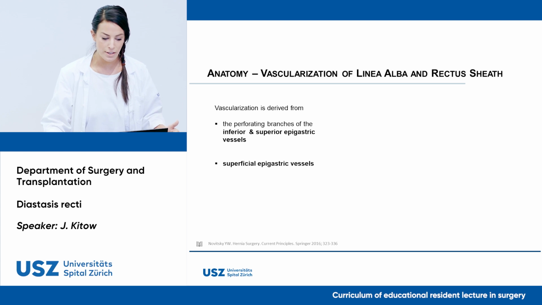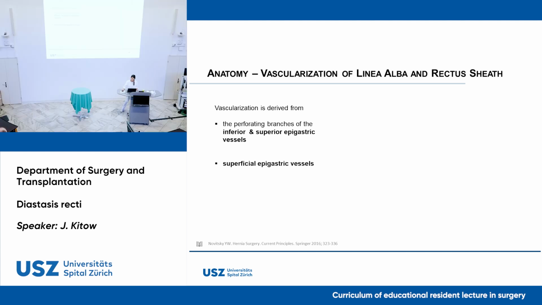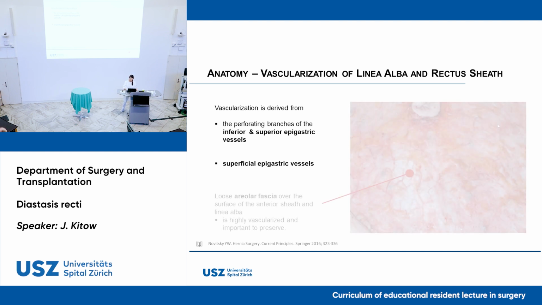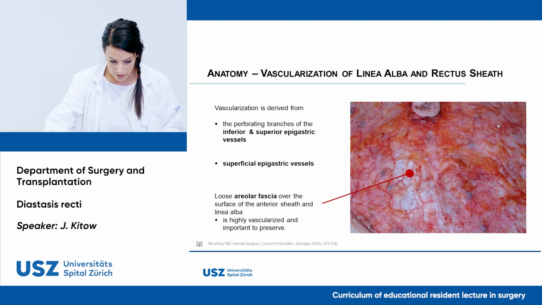Anatomy also includes vascularization. So let's have a look at the vascularization of the linea alba and the rectus sheath. The vascularization is derived from the inferior and superior epigastric vessels, as well as the superficial epigastric vessels. Here you see a picture of that. So it's highly vascularized, and you can see all those blood vessels here: rectus sheath, linea alba, umbilicus.